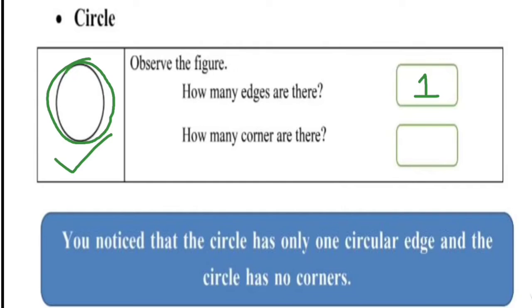How many corners are there? Is there any corner? No. So dear students, remember this point. You notice that the circle has only one circular edge and the circle has no corners. Understood? Yes, very good.